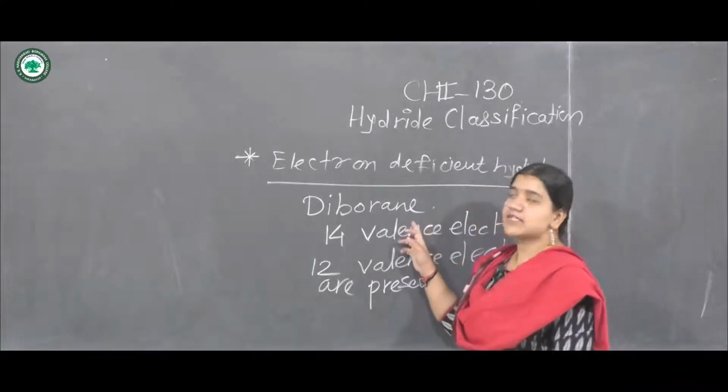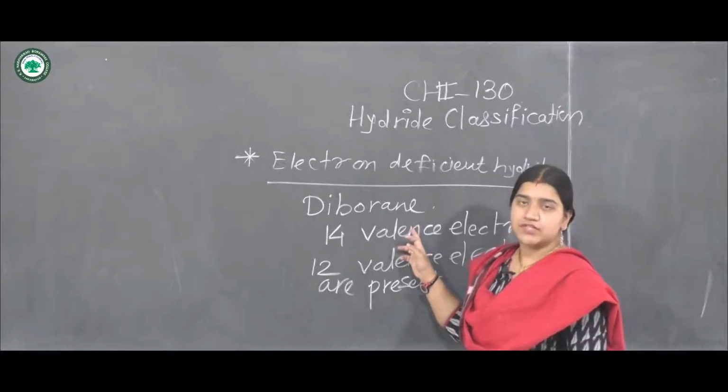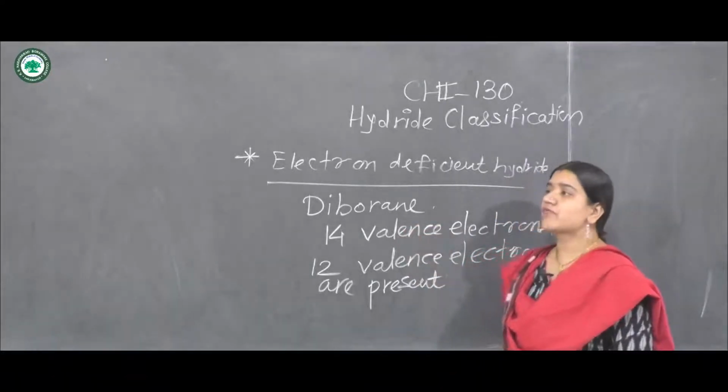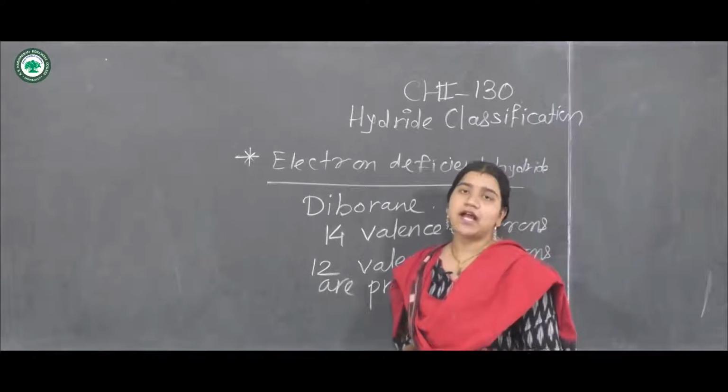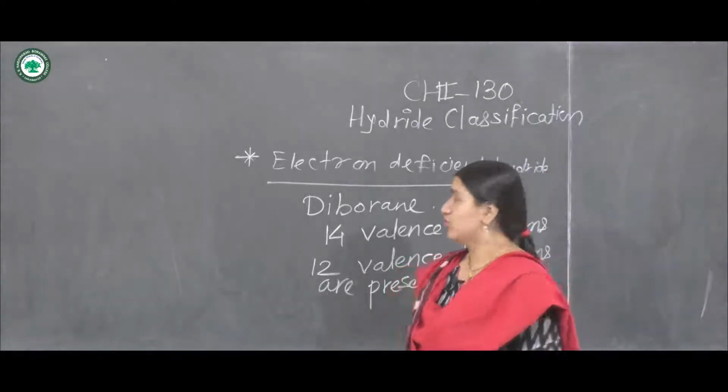That means this compound is an electron deficient compound because the number of electrons available is less than the required value.